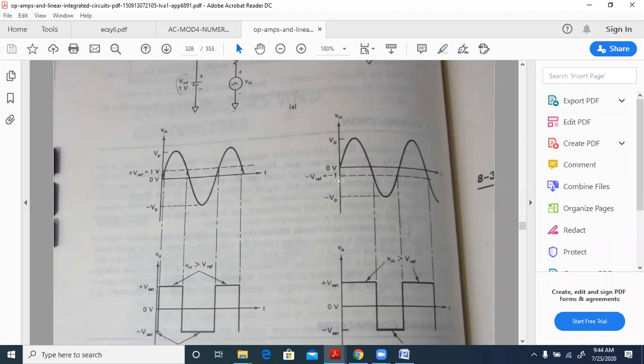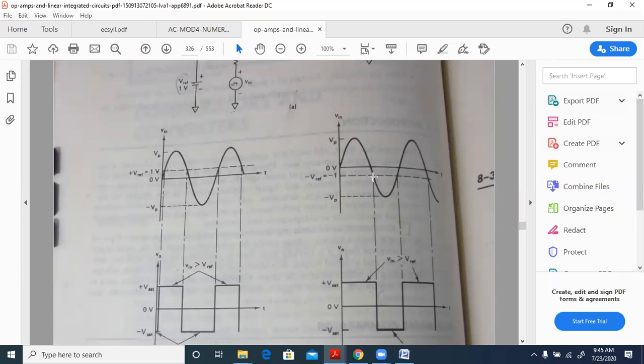Similarly, for a negative value of V reference also, you can see over here. For the portion of the input for which the input is more than V reference, that is this portion till this, it is high.